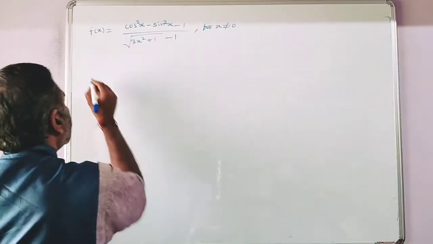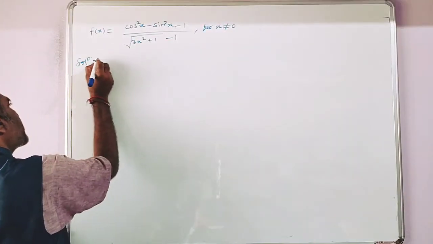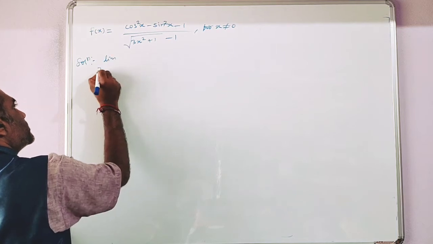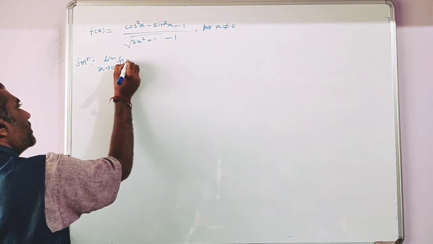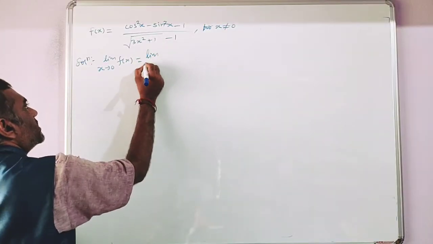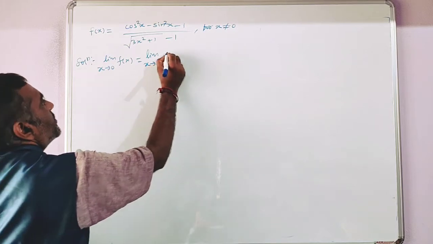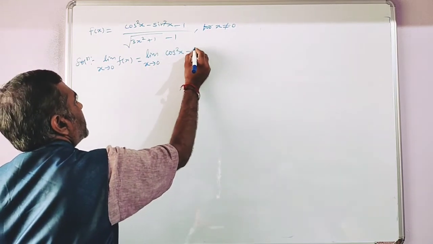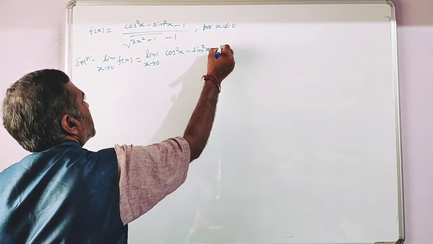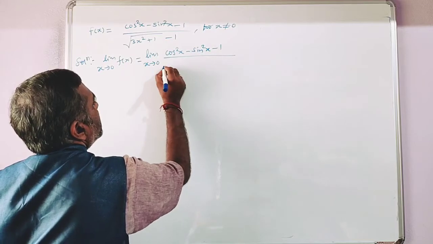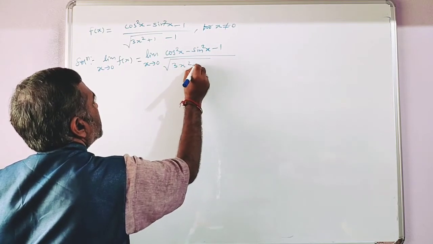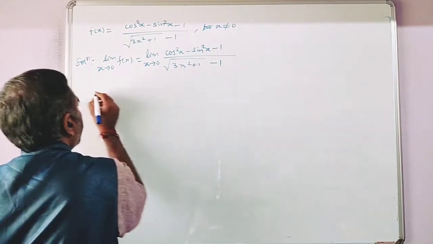Then what to write in the solution: limit as x tends to 0 f of x, which is equal to limit as x tends to 0 cos square x minus sin square x minus 1 upon square root of 3x square plus 1 minus 1.